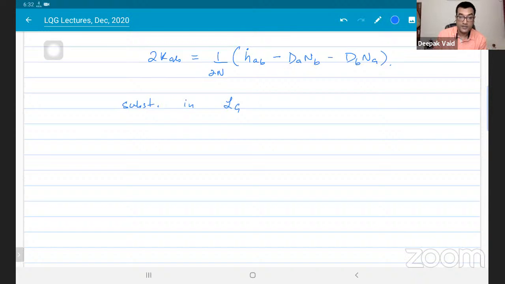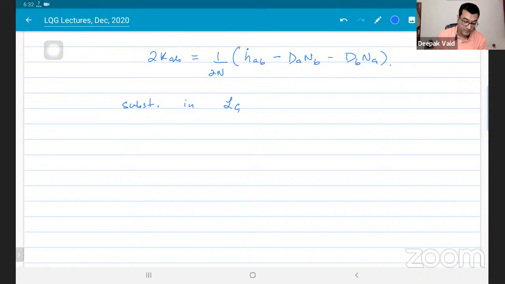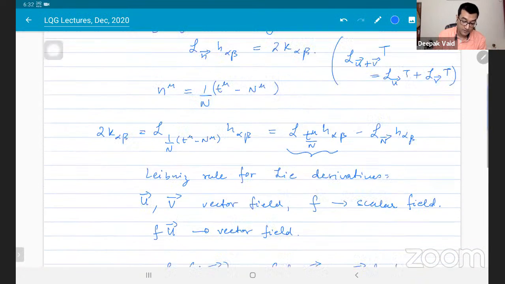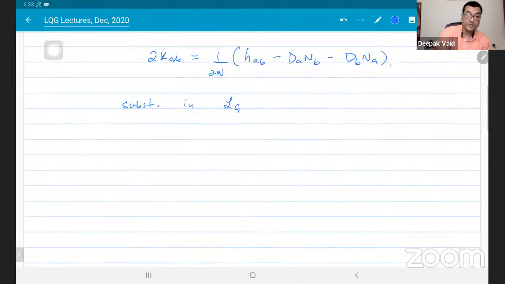And then the Lagrangian will end up having terms which are proportional to the time derivative of h squared, because the Lagrangian has these terms, KAB KAB and K squared. So you will get terms proportional to the square of the time derivative of the spatial metric.